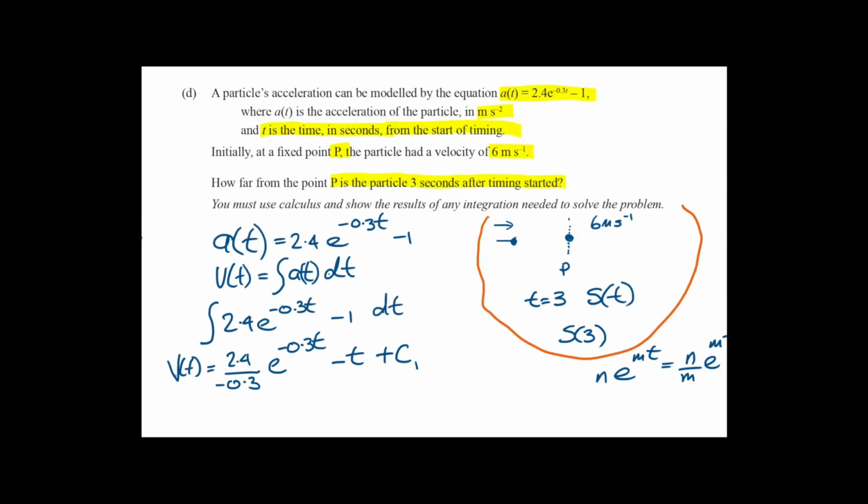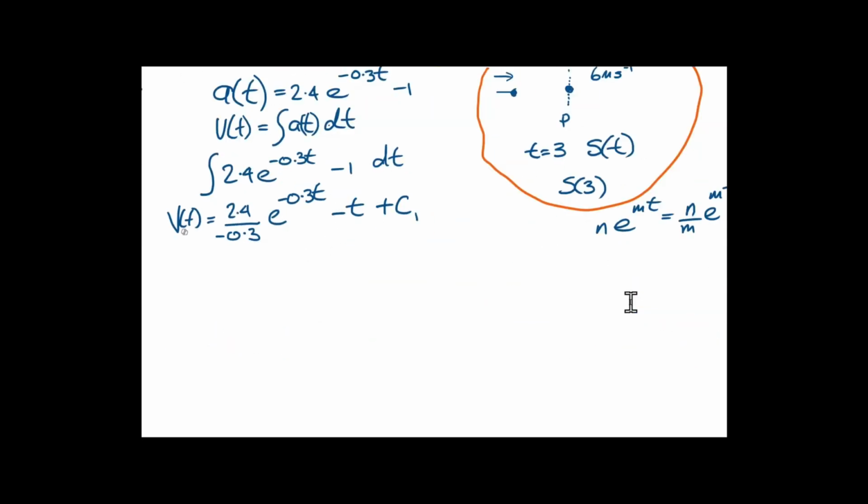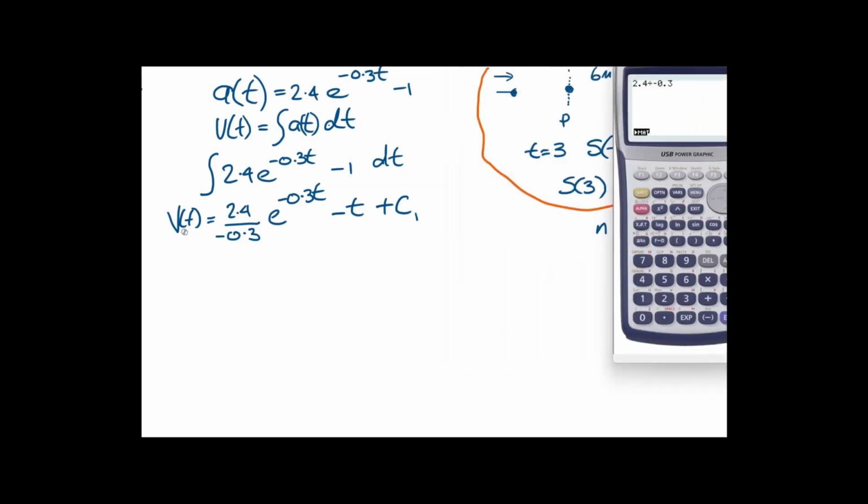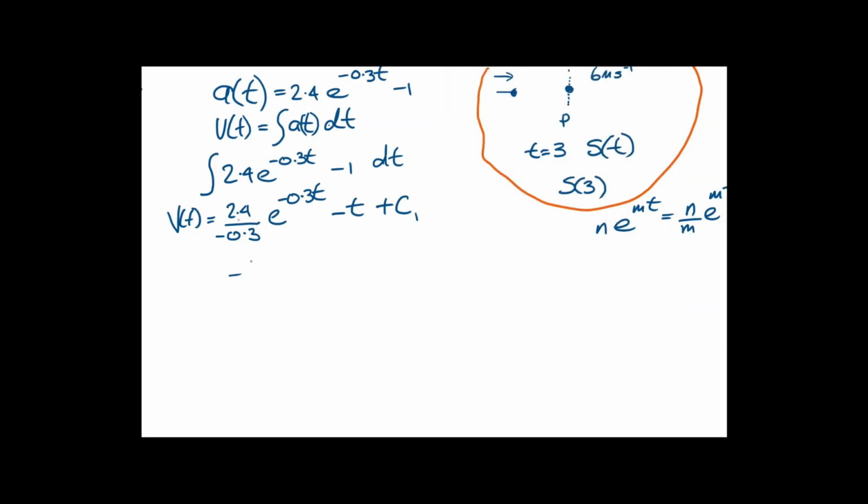Okay, let's simplify this a little bit. 2.4 divided by negative 0.3 equals negative 8. So negative 8 e to the negative 0.3 t minus t plus c1.